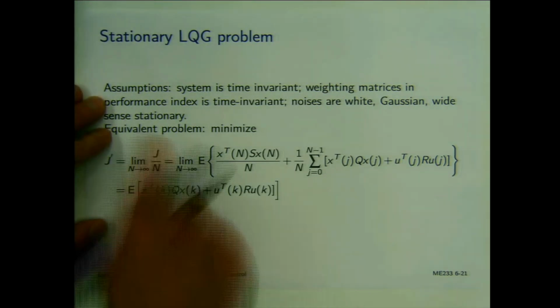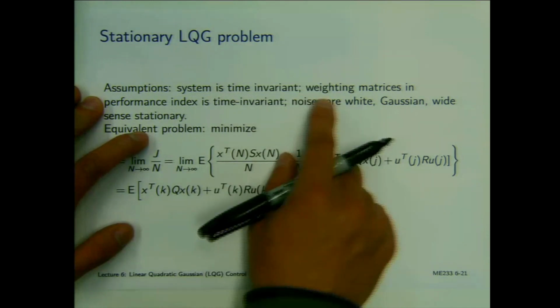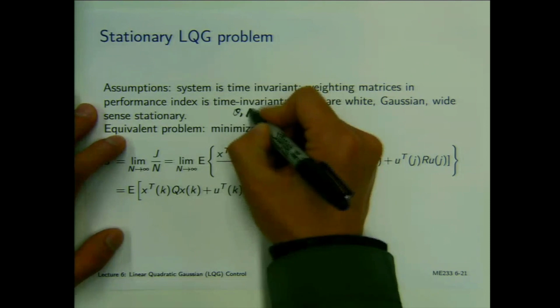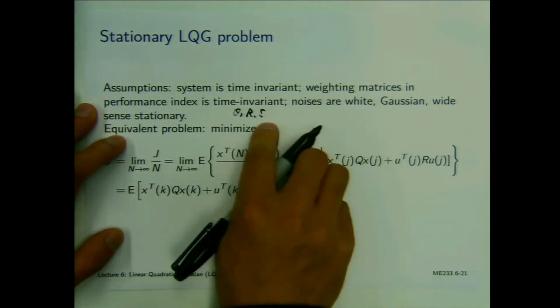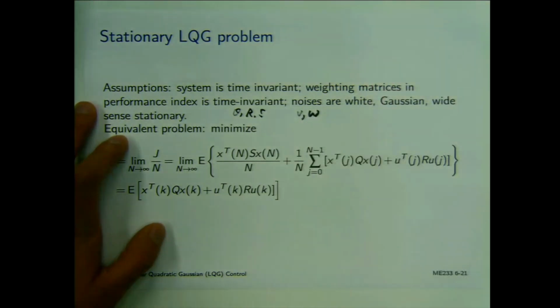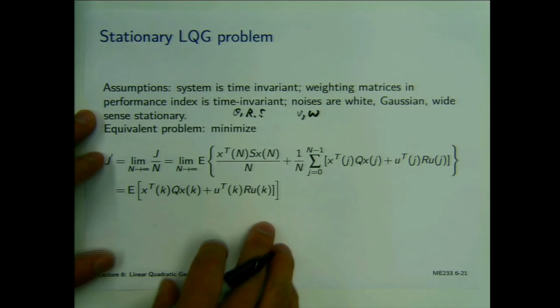The assumptions are exactly the same. The system is time invariant. The weighting matrices in the performance index, Q, R, S, are time invariant. And the noises, V, W, are white, Gaussian, wide-sense stationary.